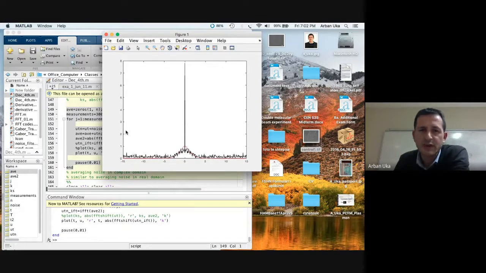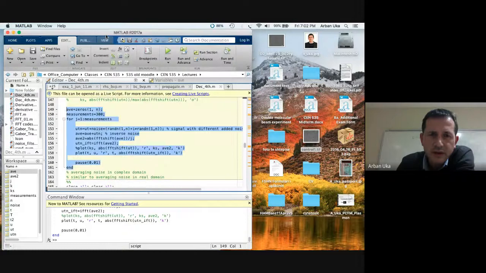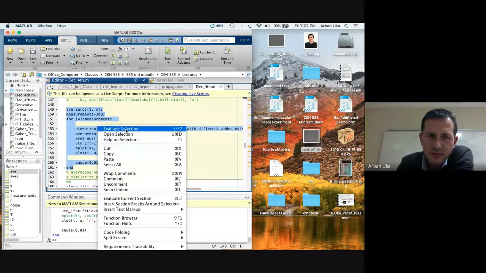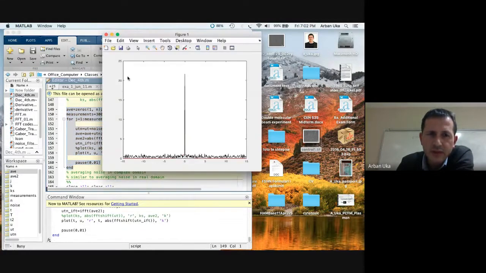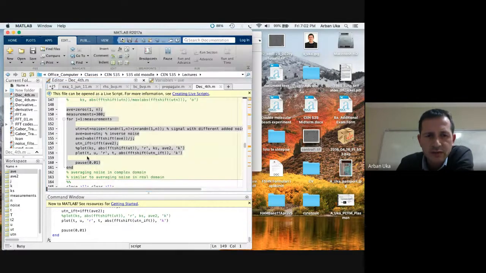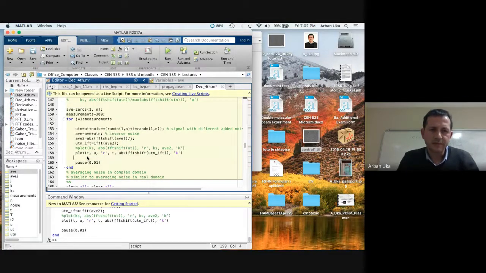Okay, so apparently for the real domain, the amplitude is pretty large, and maybe let's observe where this value came from. Evaluate selection. So initially the amplitude is around 100. This keeps decreasing. Now it's 12, 10, etc. So we can even do this here. Anyway, it looks like in the real domain it was from minus 15 to plus 15.